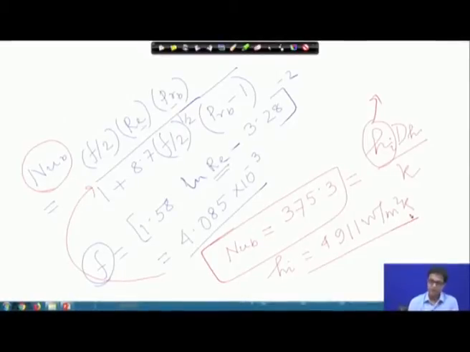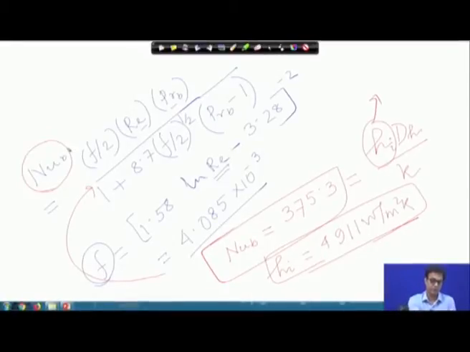So, to determine now the heat transfer coefficient of the annular part, what we need to do is find out the Reynolds number in the annular space, then use the appropriate correlation.